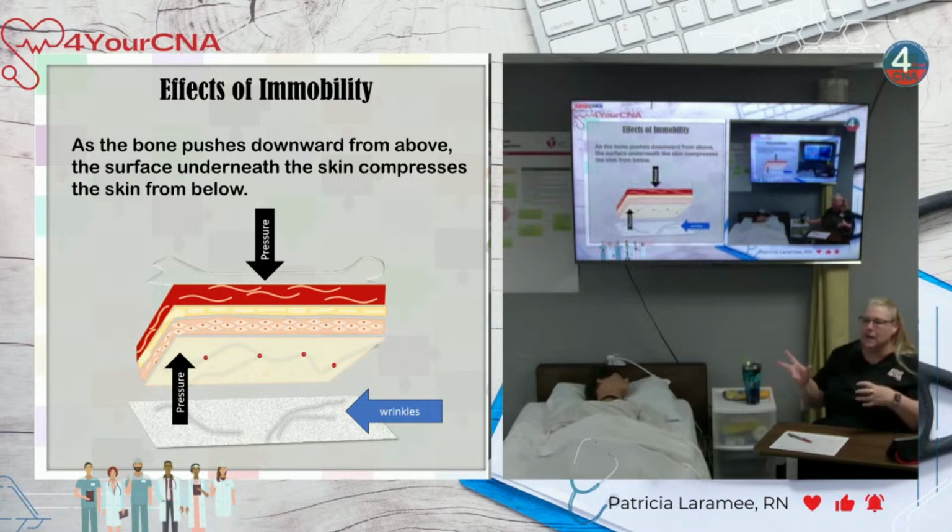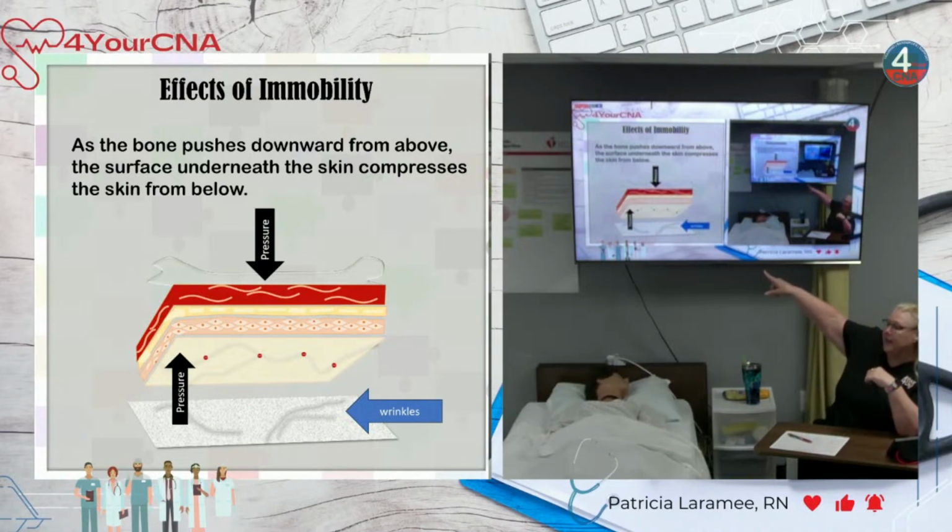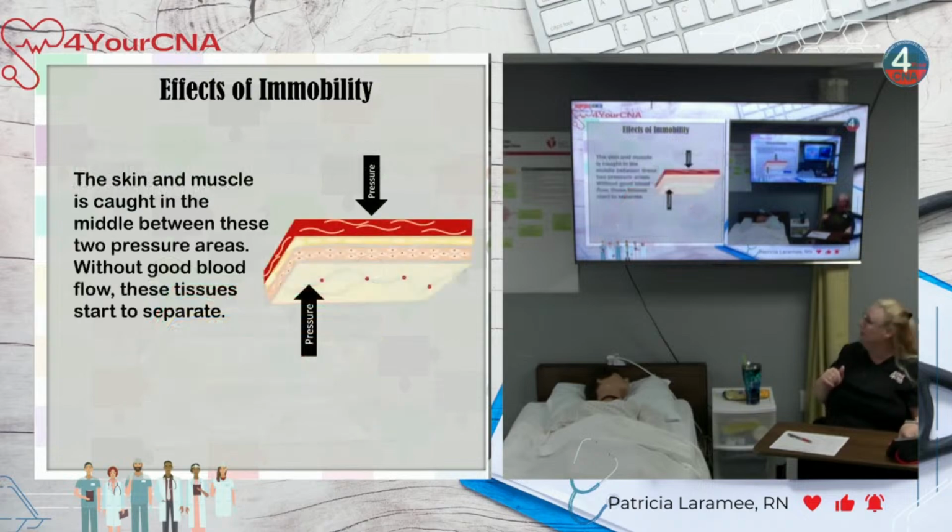So we end up with a decrease in blood flow to these areas. Now, we're going to further compound that by thinking about what that tissue is pressing down into. If we have a surface that has any ridges, grooves, crumbs, hearing aids, wrinkles, anything under it, that area of unevenness is going to press up into the tissues.